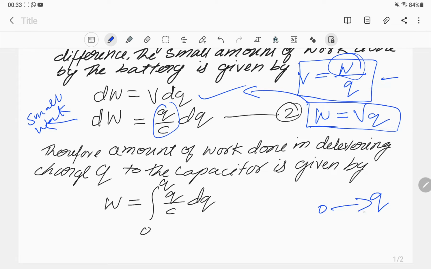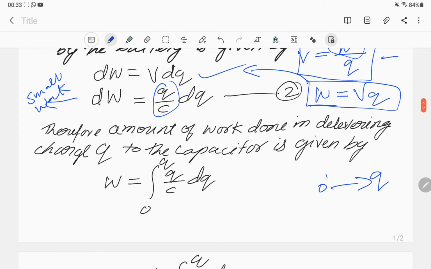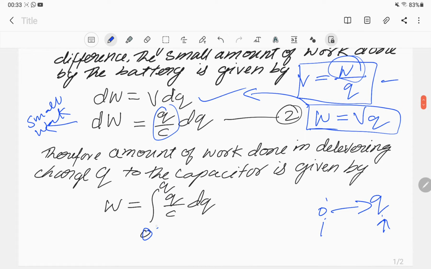So we have to integrate from 0 to q, because initially the charge is 0 and finally the charge is q.